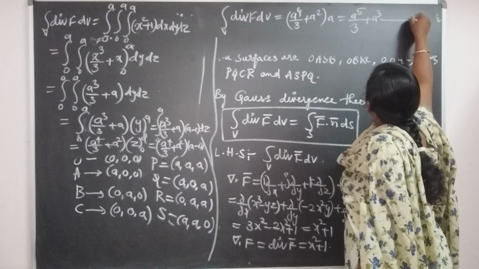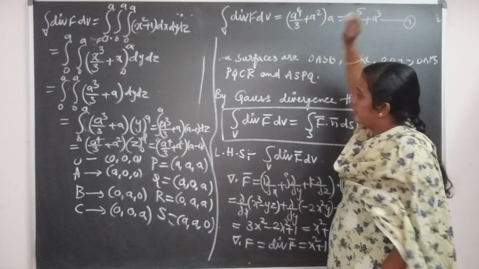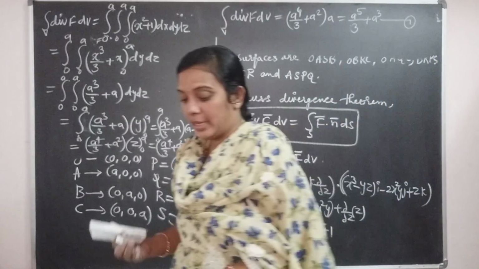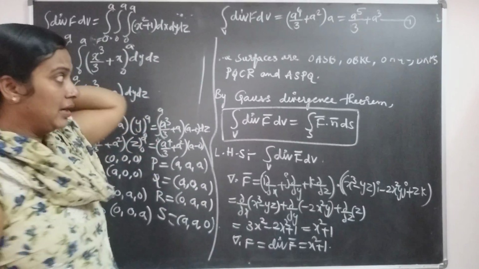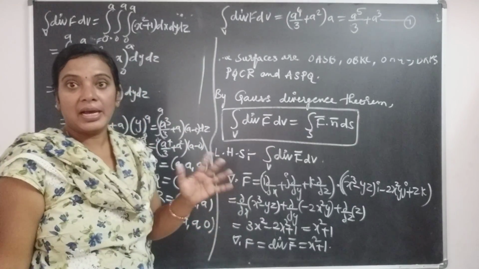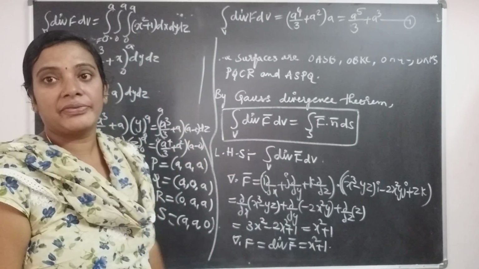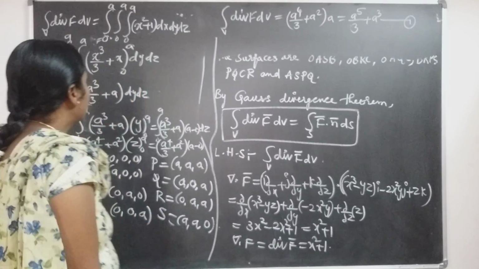It is the LHS. Let it be equation 1. Okay, it is only the LHS over. Next we can find out the RHS for 6 faces. Okay, 6 surfaces.